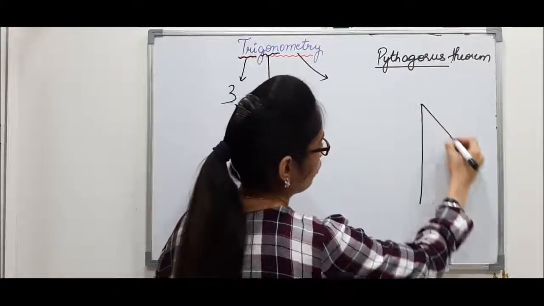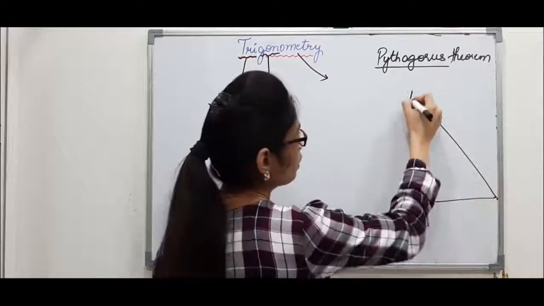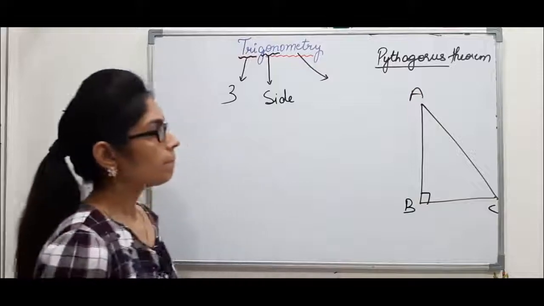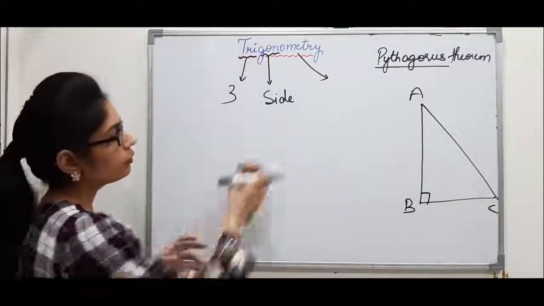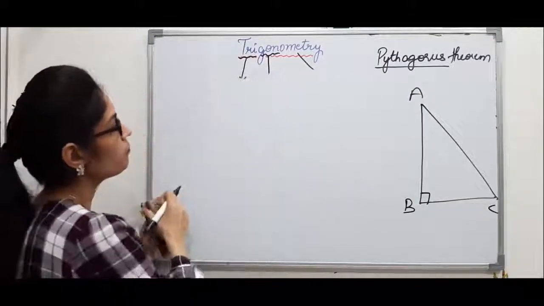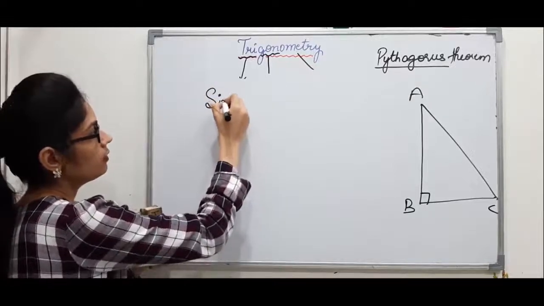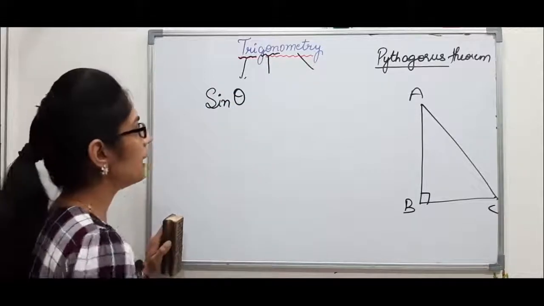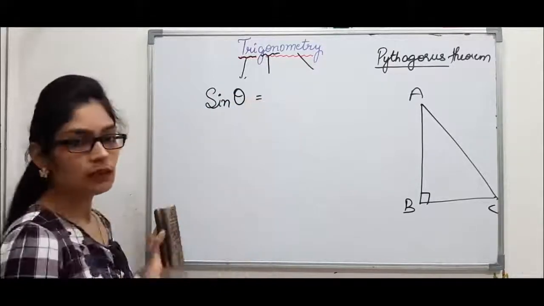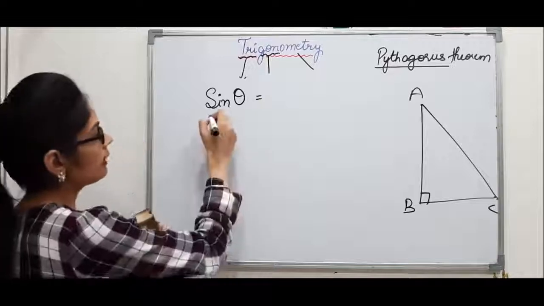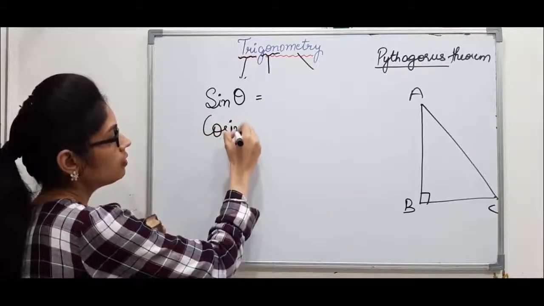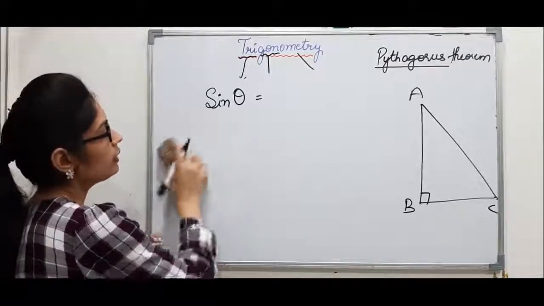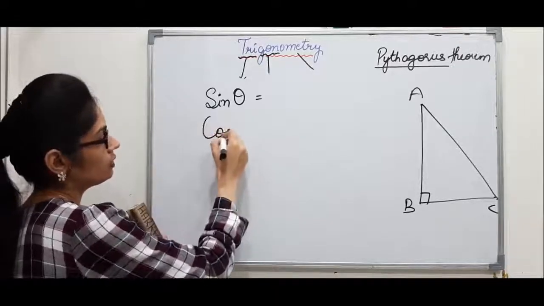Here I will draw a right angle triangle, because we need it. The trigonometric ratios are sine. Angle I will represent in the form of theta, sine theta. First of all, I will just tell you the names: sine theta, cosine. Most of the time it is mentioned as cos. So cosine, cos.